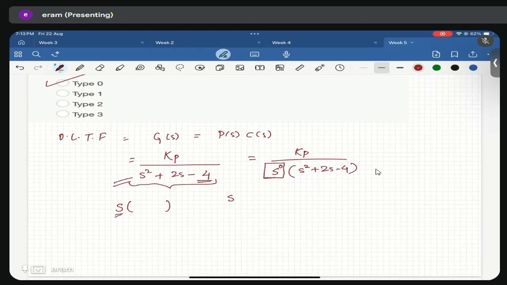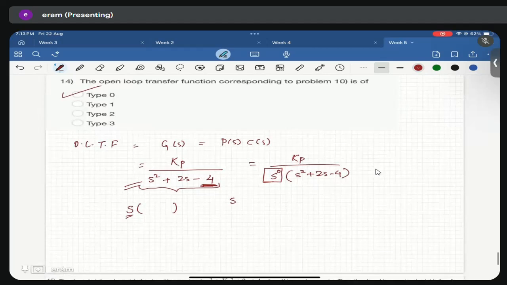Other way to check is the maximum s that we can extract from the denominator. We cannot extract any s from here because we have a constant term. So s to the power 0 means 1 only. So there are no poles at the origin. You can say like that also. So this is a type 0 system.